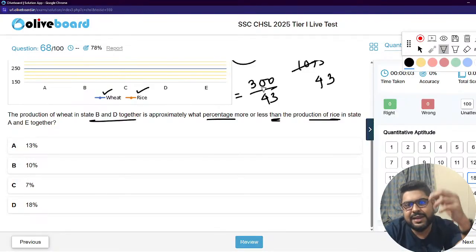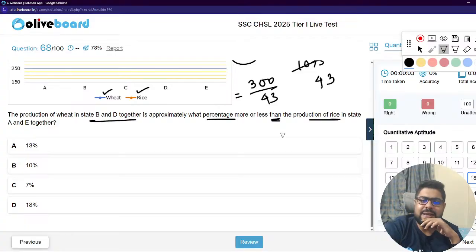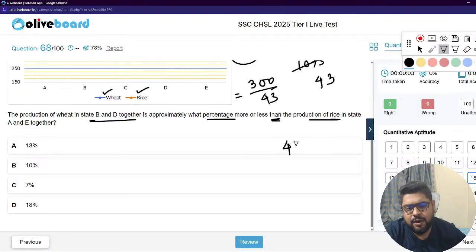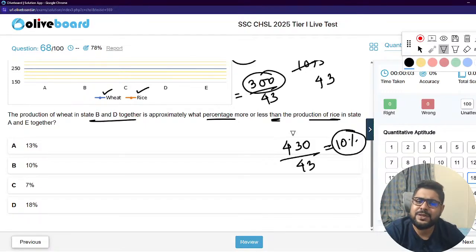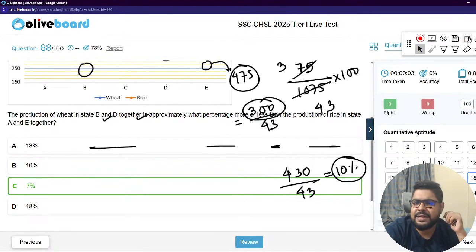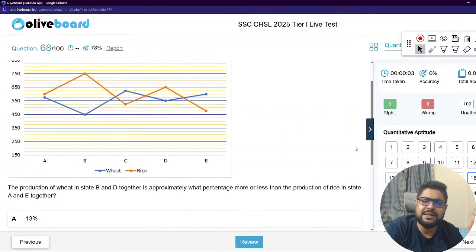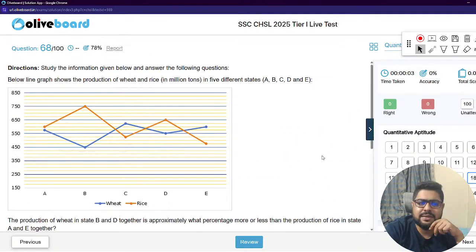You see 43 and 300, if you go with 43 into 10, that is 430. If I had written 430 by 43, that answer would have been 10%. But the numerator is much less, so the answer will be less than 10%. Option C is the only option which is less than 10%. That will be the answer.